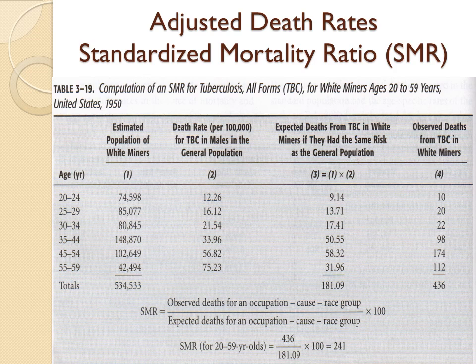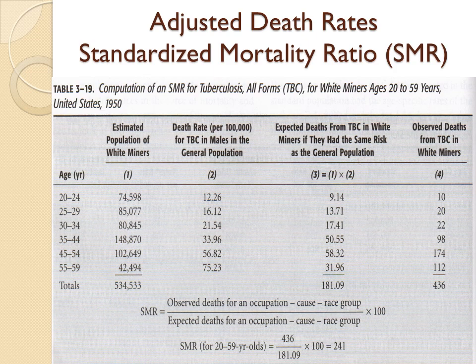Now see the table showing how the standardized mortality ratio can be calculated. The first column shows the different age groups of white miners, that is 20 to 24, 25 to 29, and so on. The second column is the estimated population of white miners in the different age groups.